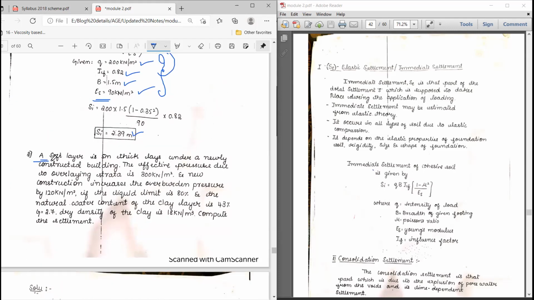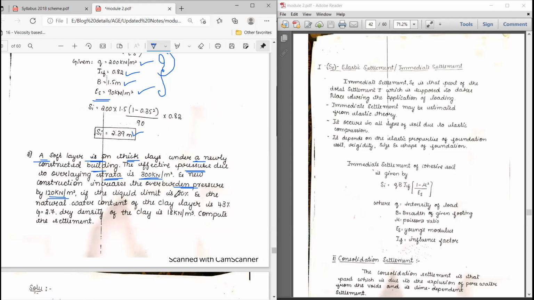In the second problem, a soft layer is 5 meter thick, lying under a newly constructed building. The effective pressure due to overlying strata is 300 kilonewton per meter square, and new construction increases the overburden pressure by 120 kilonewton per meter square.